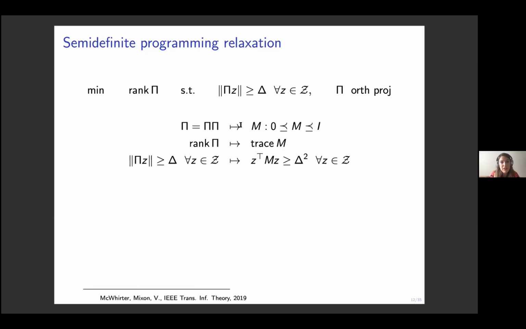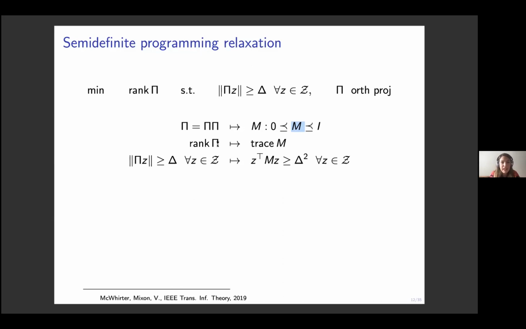And so we're going to relax this pi squared to a matrix M, which instead of asking that the singular values are either 0 or 1, is a positive semi-definite matrix that is smaller than the identity, meaning that the singular values are in the interval 0, 1. So that's the first relaxation. Then the rank of a projection is just the number of singular values that are non-zero, which in this case is also the number of singular values equal to 1, and it's just the sum of the singular values.